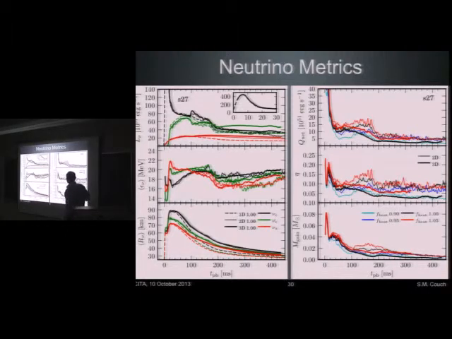This translates into some important quantities, namely the net heating rate in the gain region and the mass in the gain region. And then this is the global heating efficiency, which is what I was talking about before. This is defined as the net heating rate divided by the sum of the electron neutrino and electron antineutrino luminosity. Sorry.